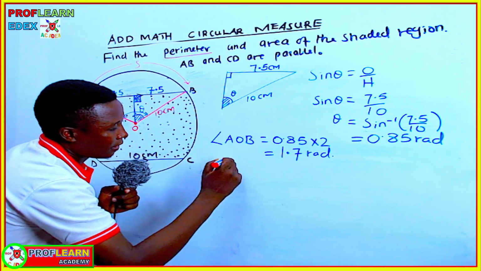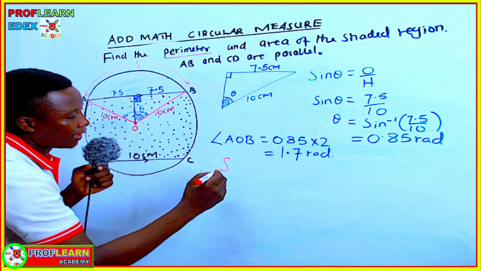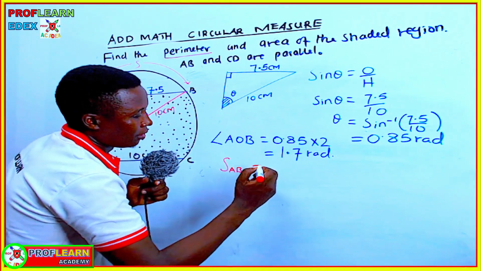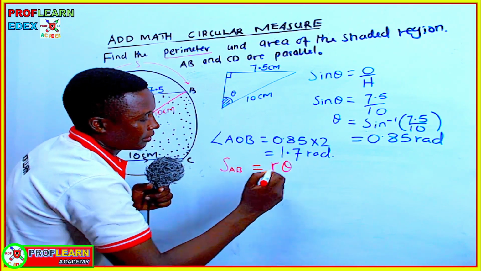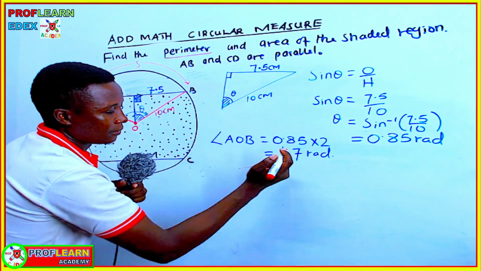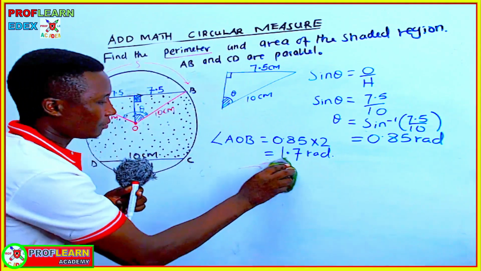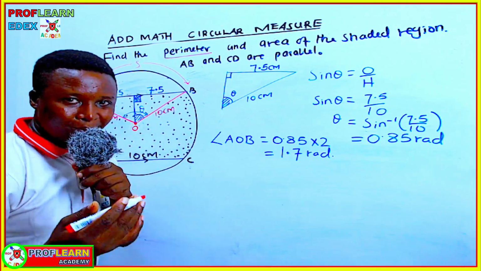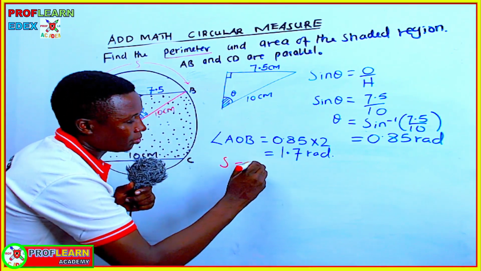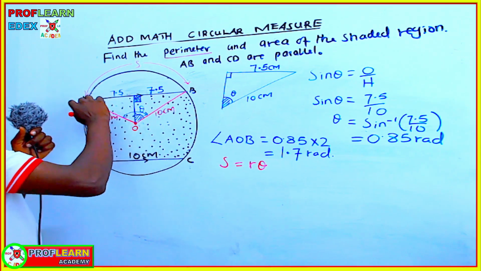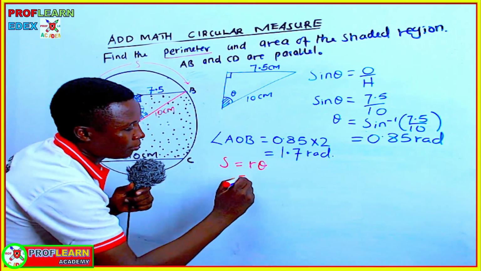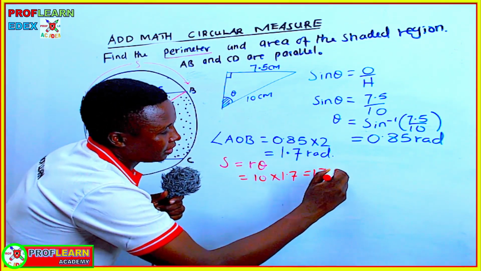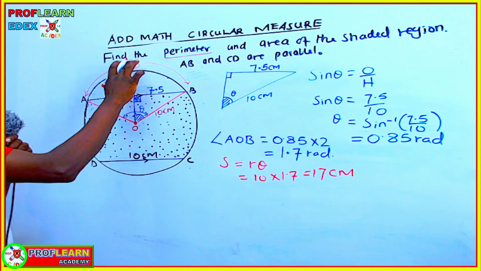Arc length AB is going to be equal to R theta. Remember, the formula for arc length is S equals R theta. So if I'm finding this arc length, that's going to be the radius 10 times 1.7, which is 17 centimeters. So that's the arc length, 17 centimeters.